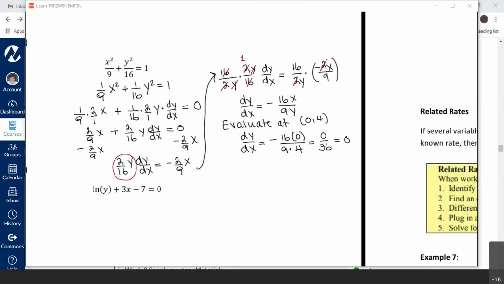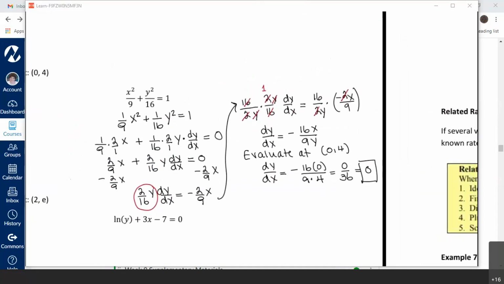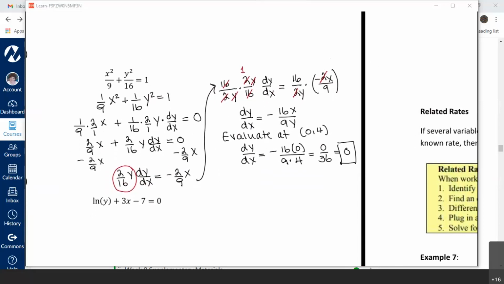All right, and 0 doesn't have a sign on it, so the negative sign becomes irrelevant, okay, because my answer is 0. There's no negative 0, it's just 0. Okay, so anybody have questions about that one? So at this point, (0, 4), this relation has a horizontal tangent line, right? Because its slope is 0, right?